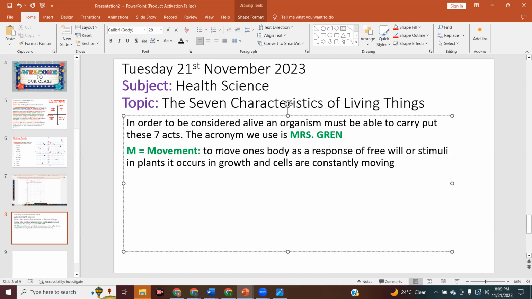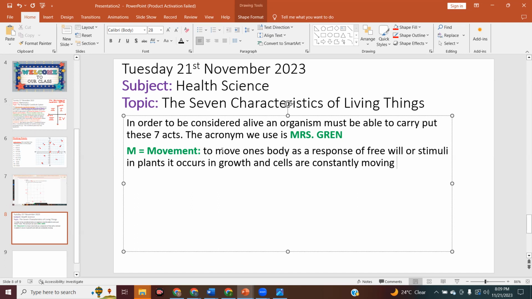So movement is the ability to move. Everything that's alive moves. The ant, it's alive, it's moving. The horse, it's alive, it's moving. The whale, it's alive, it's moving. If it cannot move, then it's not alive.